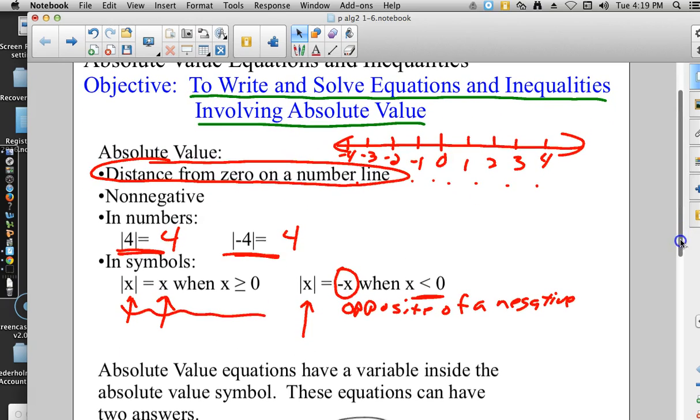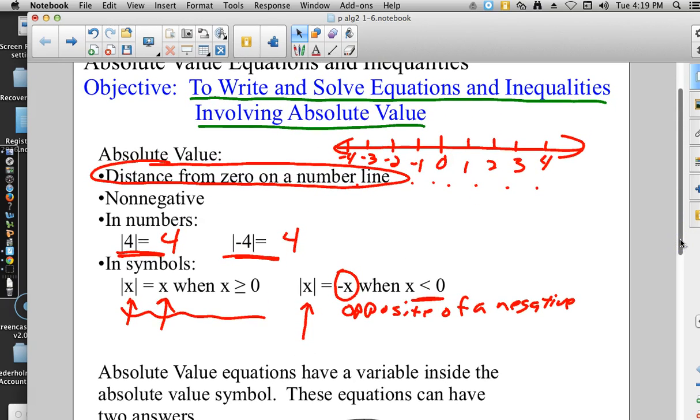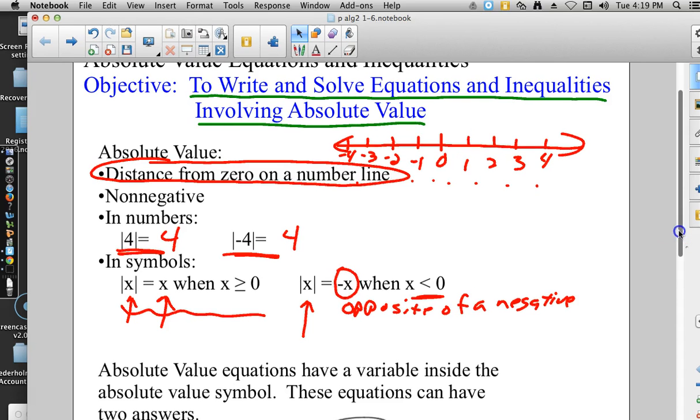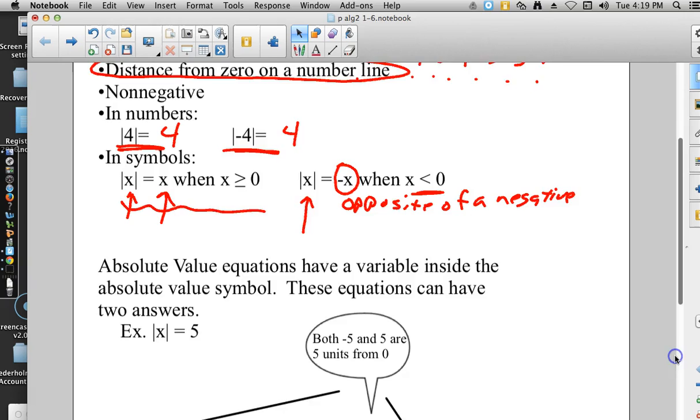But part of understanding this first portion of the section is that we are going to have two answers. I mean, that's absolute value. If I ask you for a number that has an absolute value of 6, well, there isn't just one. 6 and -6 would both have an absolute value of 6.